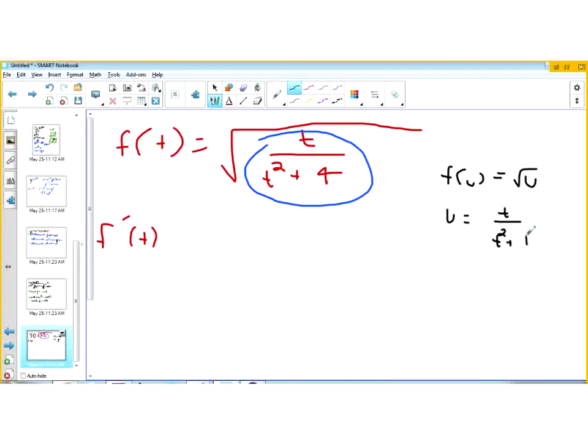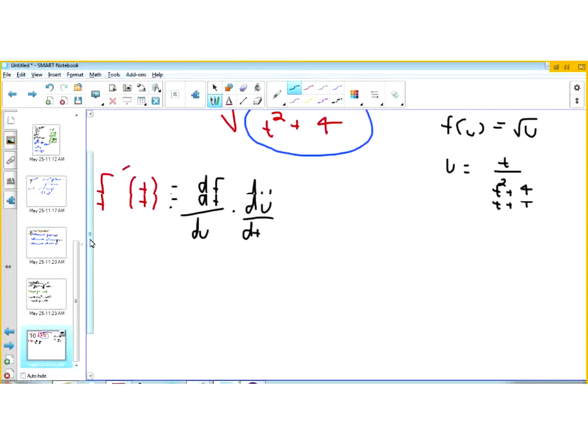If we recognize the pieces of the composition, then the derivative of f is equal to the derivative of f with respect to u times the derivative of u with respect to t. So we can use that alternative form of the chain rule. That might be helpful to visualize it.